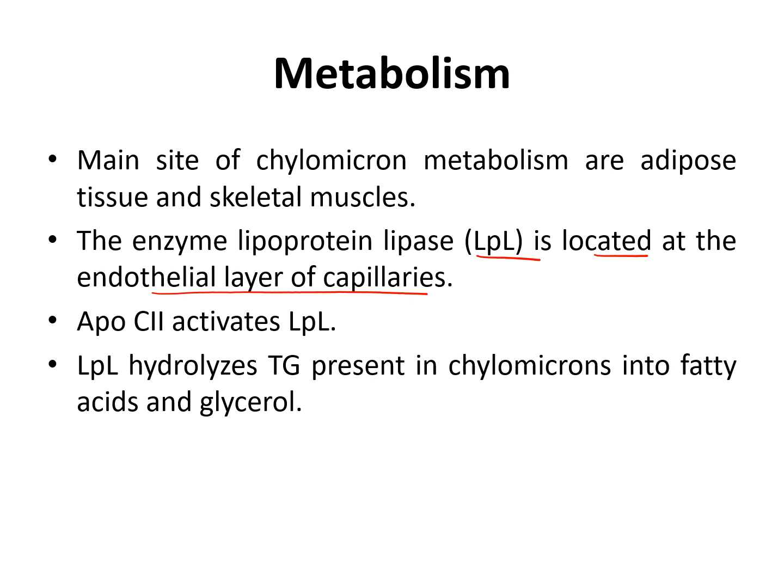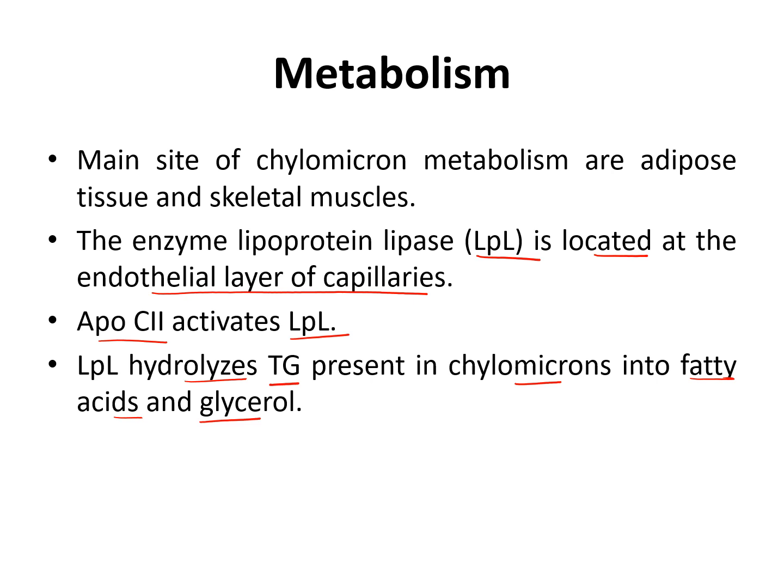Lipoprotein lipase is activated by ApoC second and it hydrolyzes TG present in the chylomicrons, degrading it into fatty acids and glycerol, and these fatty acids and glycerol will be delivered to peripheral tissues. So this is about chylomicron metabolism.